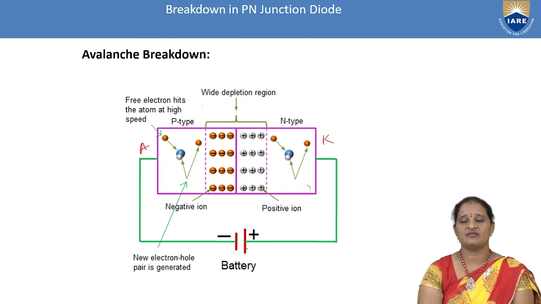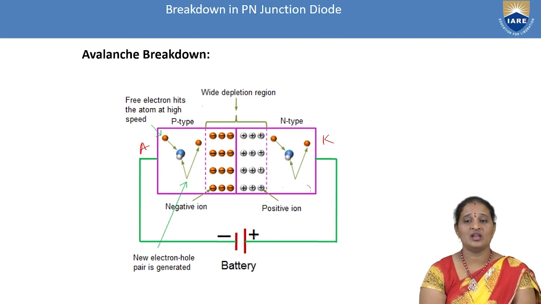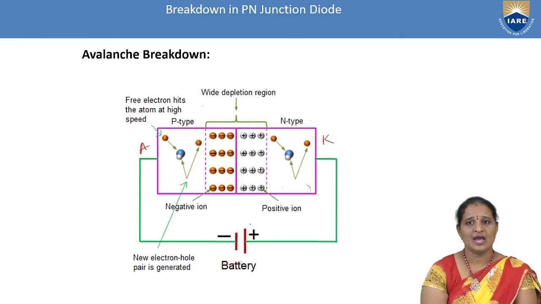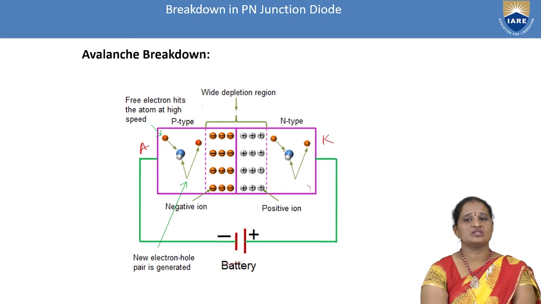So what happens under reverse bias condition? All the majority charge carriers, which are holes in the P-type material and electrons in the N-type material, are attracted by the terminals of the battery, and hence they will be moving towards the battery terminals. Whereas the minority charge carriers, which are electrons, represented with orange color, will be trying to cross the junction.